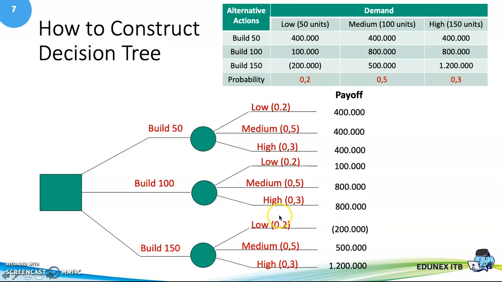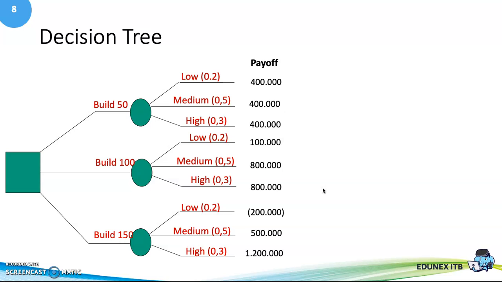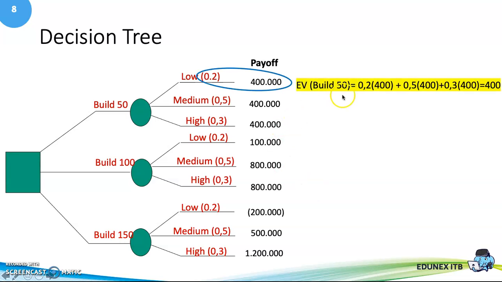After we construct the decision tree, we use the Bayes decision rule to calculate the expected value, or the expected monetary value. From this decision tree, we calculate the expected value that we already calculated using the decision table in the last session.